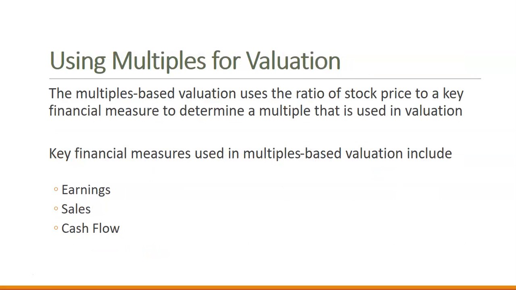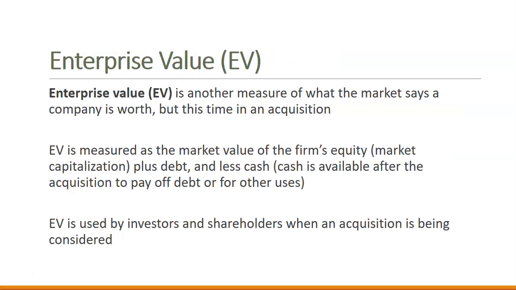The types of multiples that we use for valuations based on the ratio of stock price to a key financial measure are looking at stock price as it relates to our earnings, to sales, and to cash flows. And then the last valuation we look at is their enterprise value.